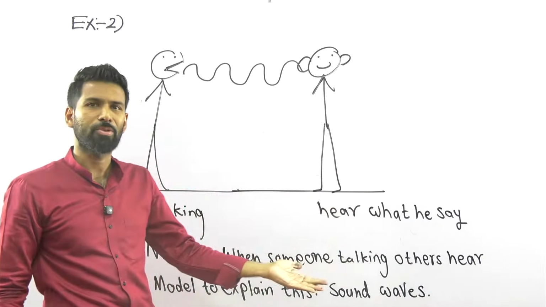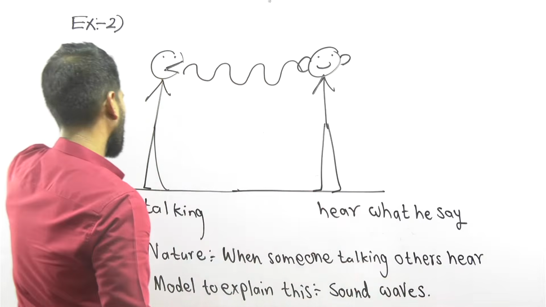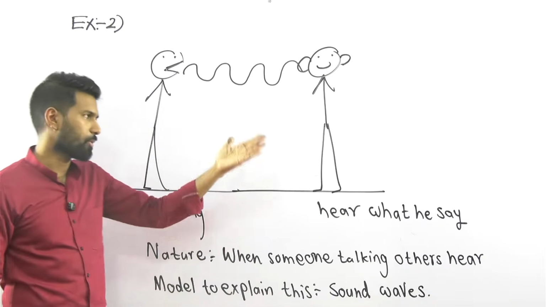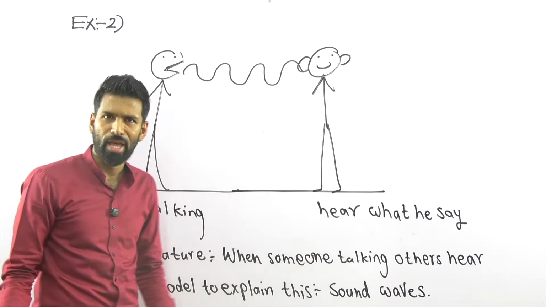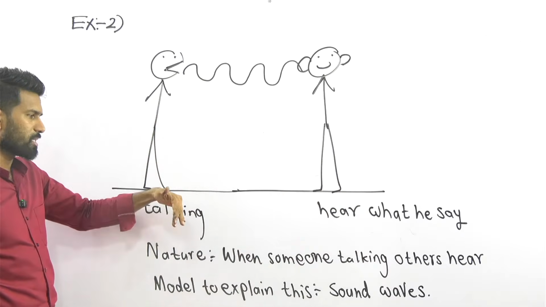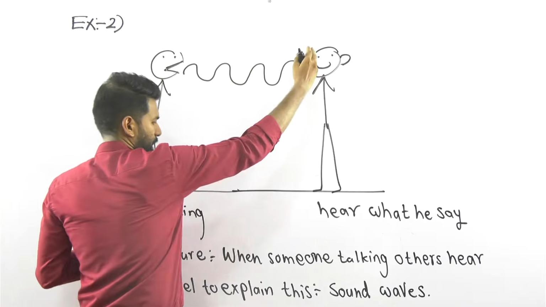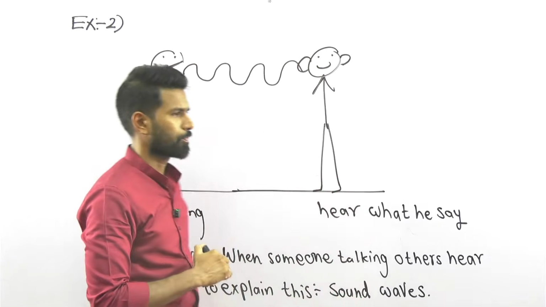That's what I'm trying to tell you. Physics is the understanding of nature using man-made models. When someone talks, other people can hear. It's a natural thing, and the man-made model to explain this is sound waves. We draw a sound wave and we explain this thing.